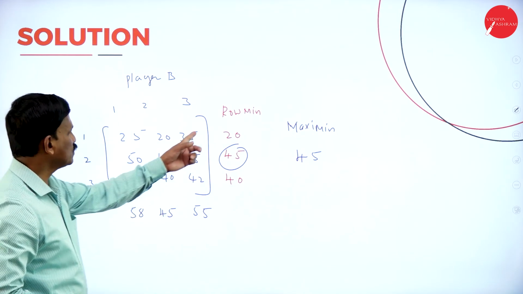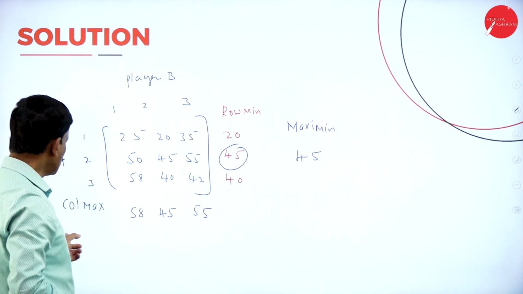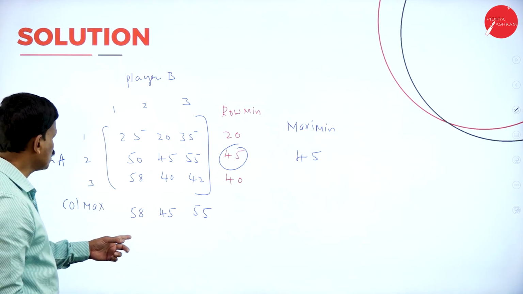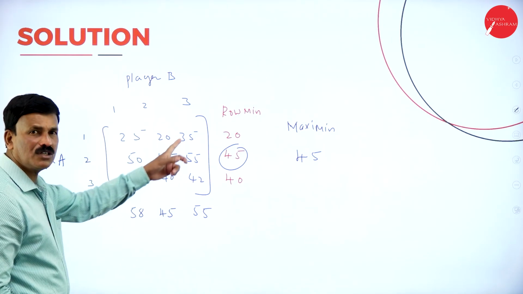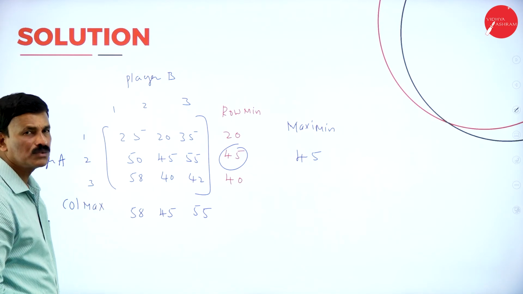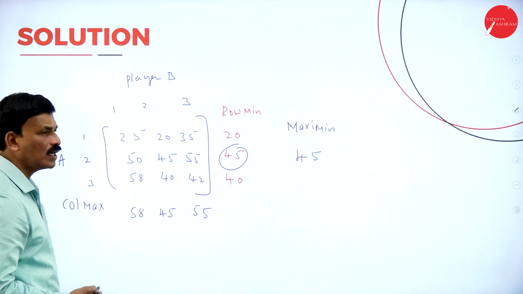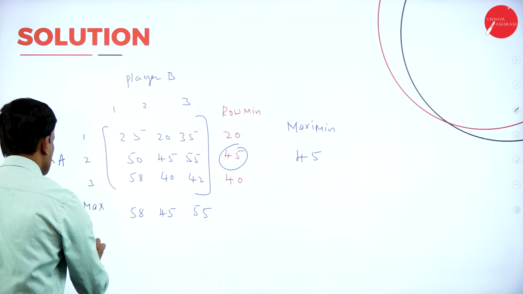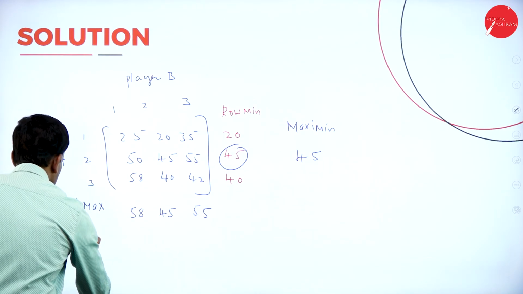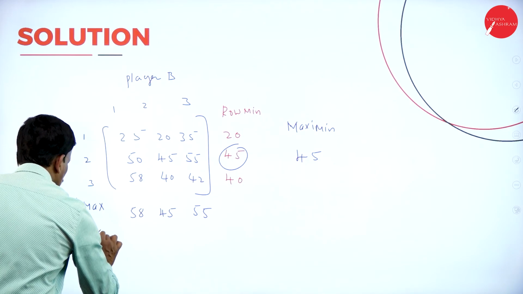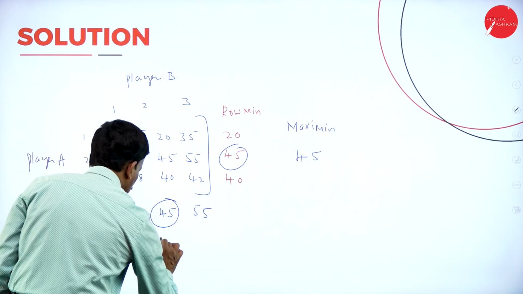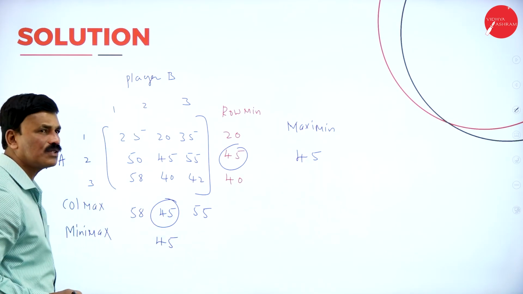So, after finding the maximum values, find out the minimum value among these maximums. That is called minimax. So, this is the minimum value among the maximums, that is 45.